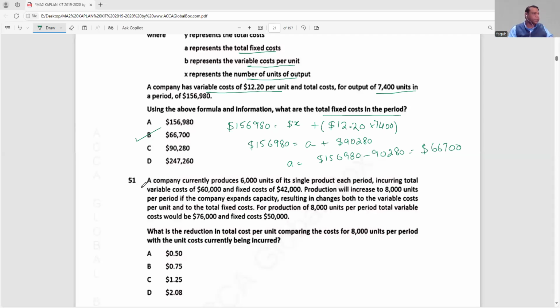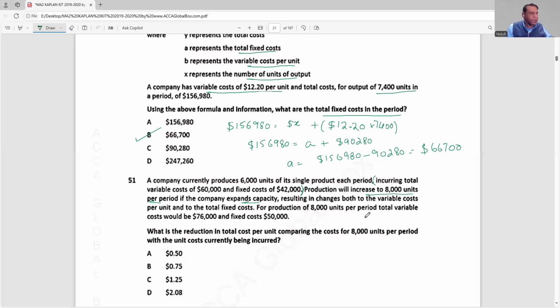Okay, the next question is, a company currently produces 6,000 units of a single product each period, incurring total variable cost of 60,000 and fixed cost of 42,000. Production will increase to 8,000 units per period if the company expands capacity, resulting in changes both to variable cost per unit and to the total fixed cost.